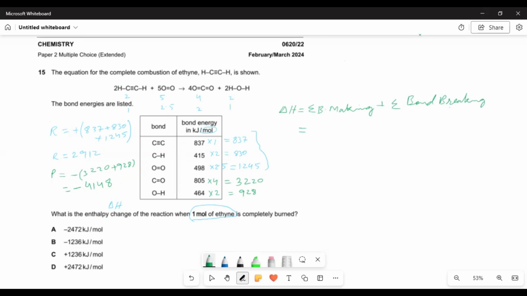So here the summation is in negative for bond making. It is 4148 plus 2912. So your answer would be in minus 1236. So the correct answer is no, correct answer is B. So B is the correct answer as per our calculation.